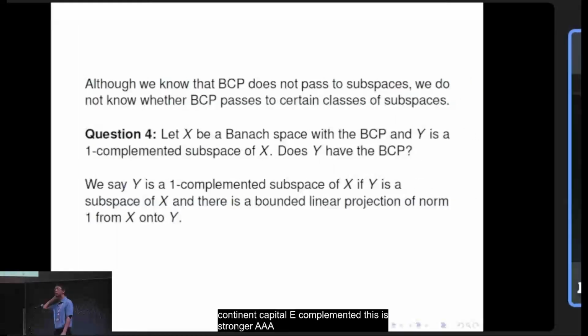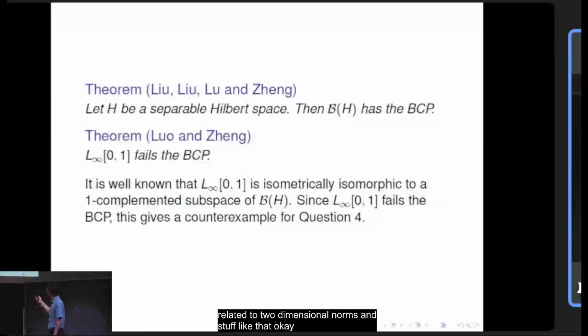It implies one-complementation and other geometrical properties related to two-dimensional norms. Here, or in general, any other complementation which is stronger than one-complementation. I just mentioned a little bit. For example, this L-infinity is completely one-complemented, so in the sense of operator spaces it's a stronger complementation. But it still fails.